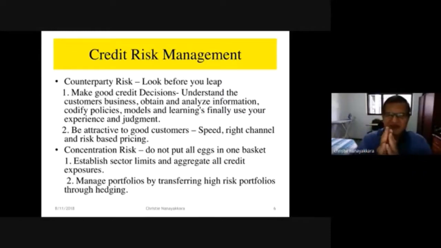Credit risk management has two components. You need to primarily understand it has a counterparty risk, which is called default risk. Default risk is mainly non-payment of capital and interest on time.